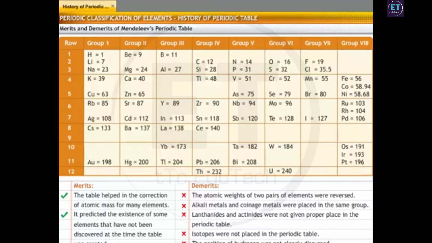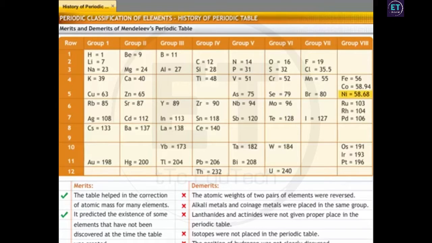The table had some inaccuracies. For example, the table reversed the atomic weights of 2 pairs of elements. A. Iodine, with atomic weight 127, came after tellurium, with atomic weight 128.